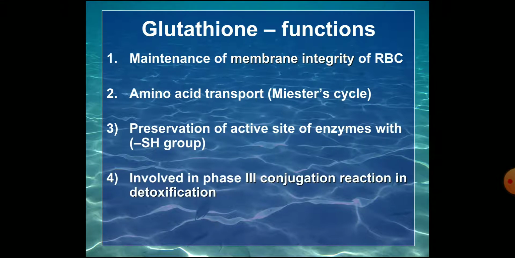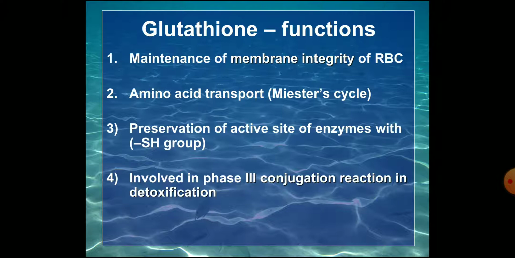Then it is involved in phase 3 conjugation reactions in detoxification. You know what detoxification is? That is, a toxic substance in the body is made non-toxic and an easily excretable, water-soluble substance. That is the process known as detoxification.